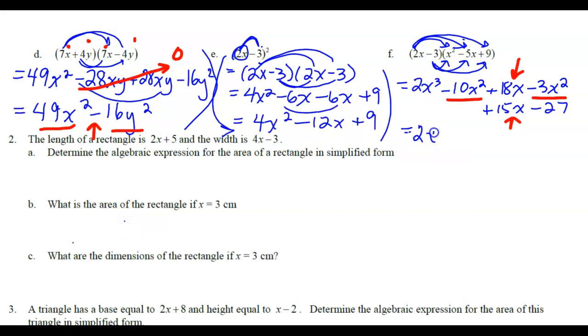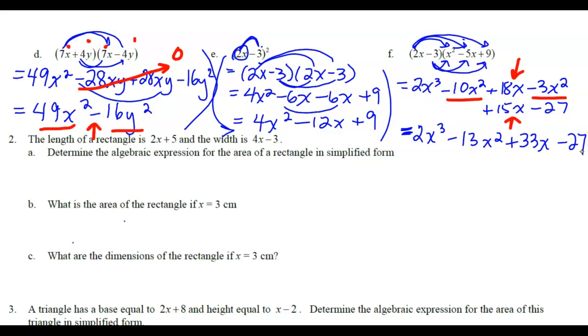So no other like terms with x cubed, so I write out the 2x cubed. Then negative 10x squared minus 3x squared is negative 13x squared. 18x plus 15x is 33x minus 27. So you end up, in this case, getting 4 terms.